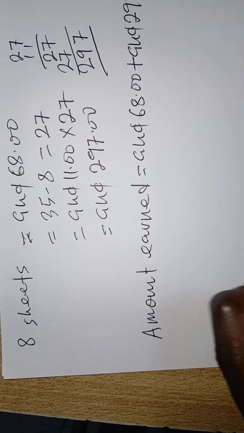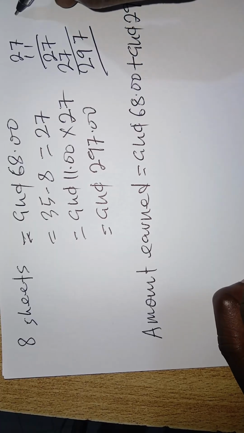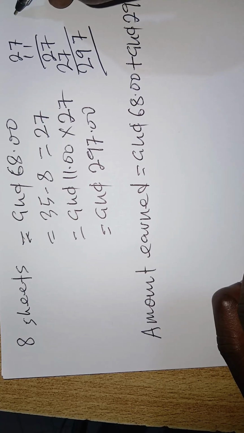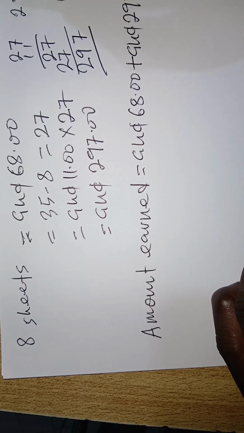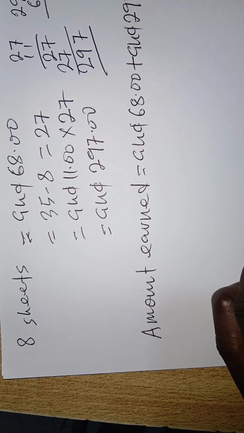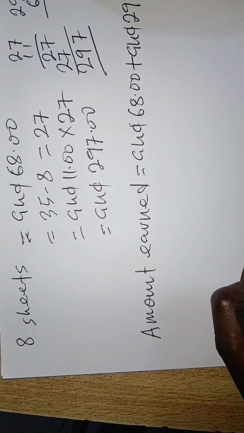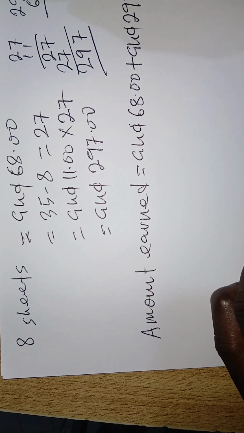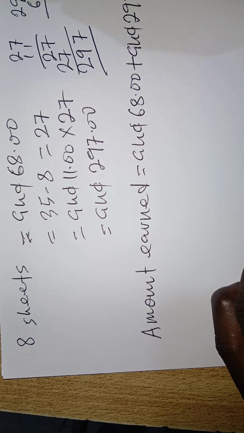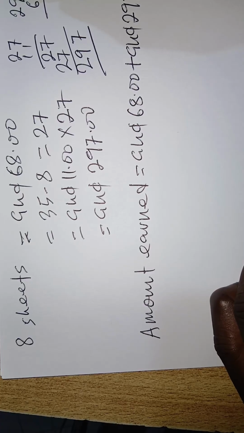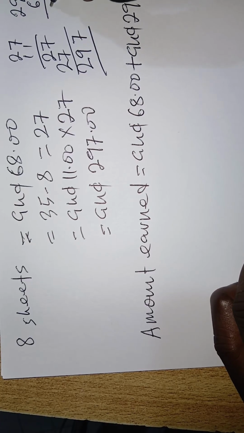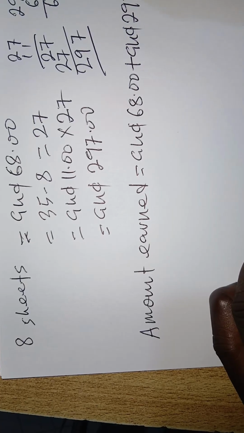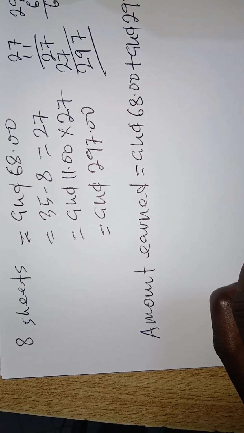Talking about evidence, let me come again on the right hand side of my answer booklet to say 297 plus 68. When I add this to this, I will get 15. I put 5, carry 1. Add the 1 to 9 to make 10. 10 plus 6, 16. I put 6, carry 1. Add the 1 to 2 to make it 3.